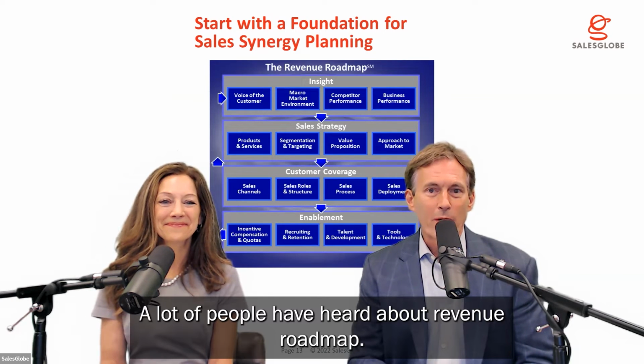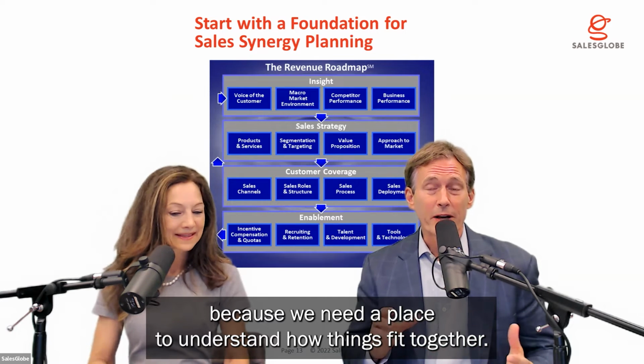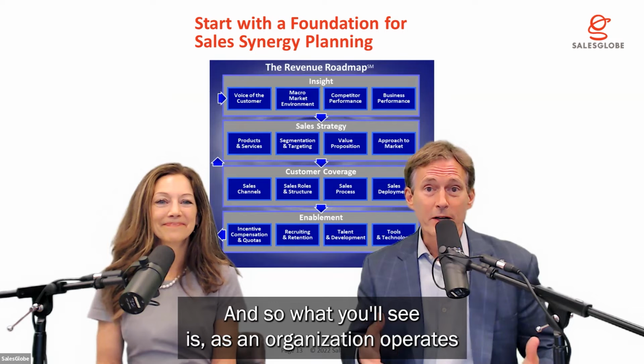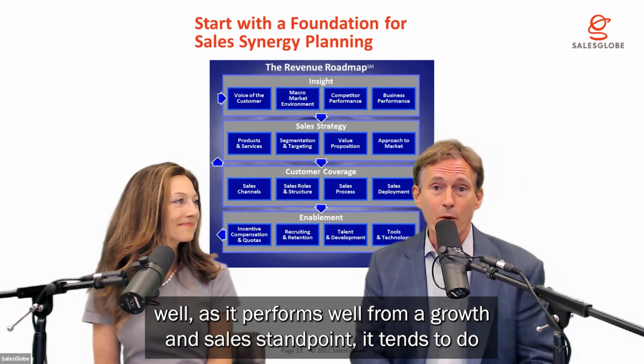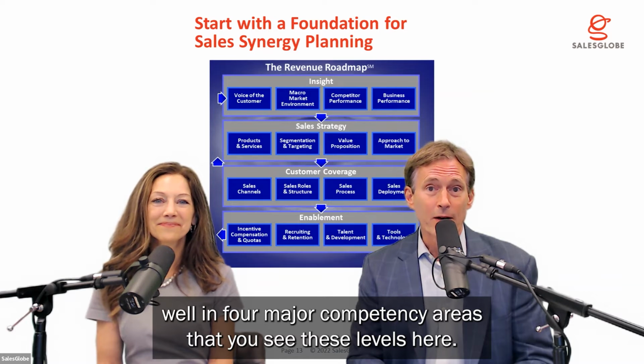A lot of people have heard about revenue roadmap. This works really well in these kind of situations because we need a place to understand how things fit together. And so what you'll see is, as an organization performs well from a growth and sales standpoint, it tends to do well in 4 major competency areas that you see in these levels here.